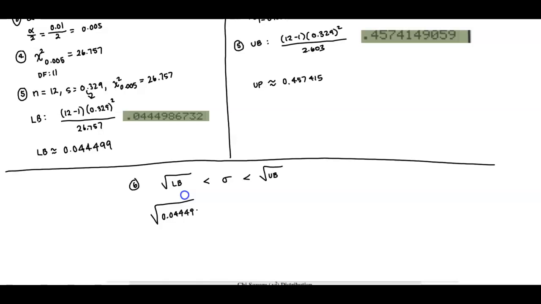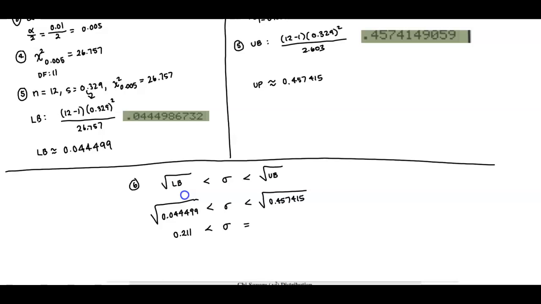The lower bound value that we have is 0.044499, and the upper bound is 0.457415. When we take the square root of the lower bound and round it to 3 decimal places, we get 0.211.